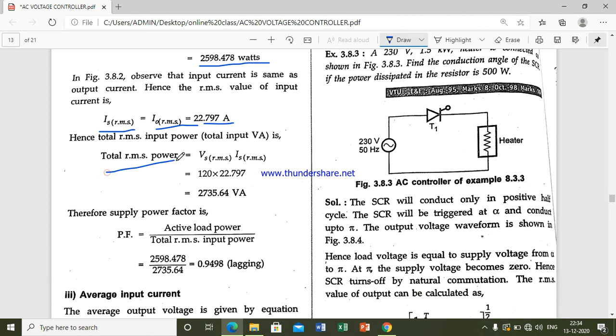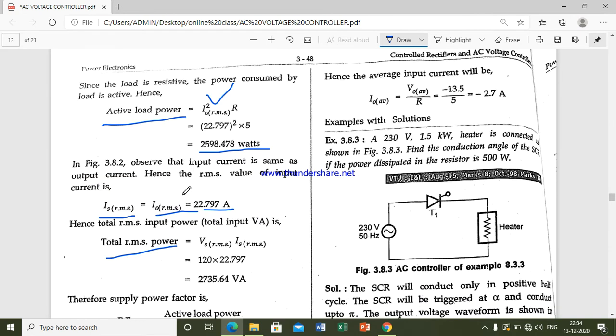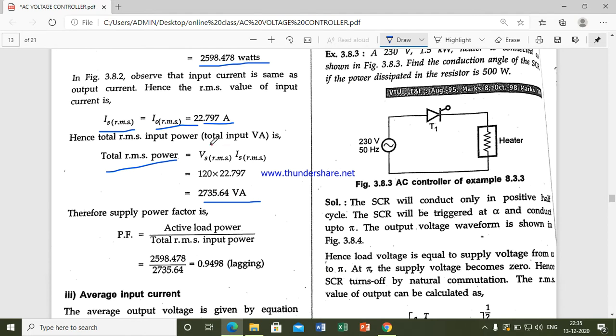From this you will get total RMS power as P equal to Vs RMS into Is RMS. Actually here Vs RMS is given in the problem, and Is RMS is nothing but I naught RMS.